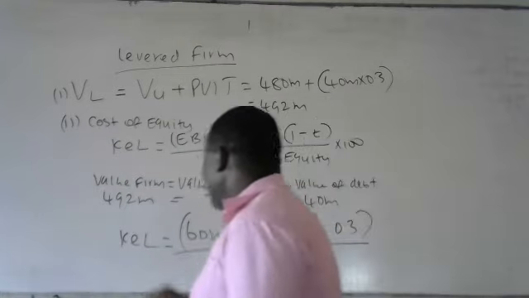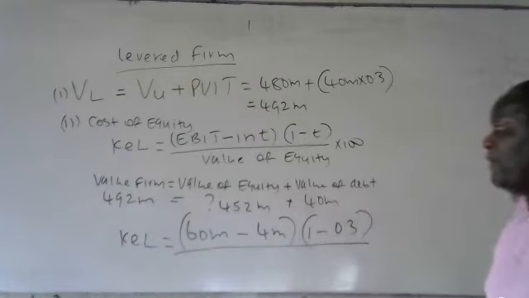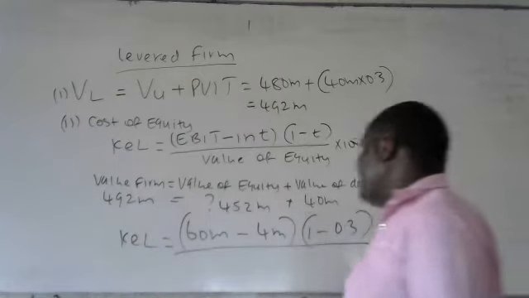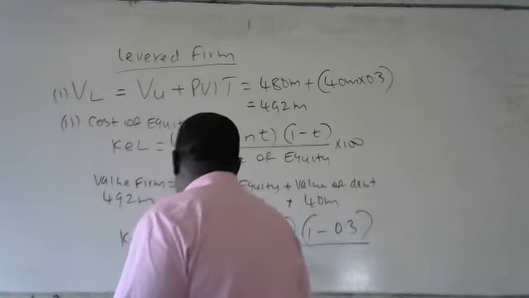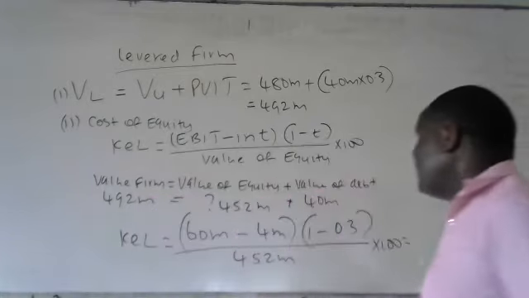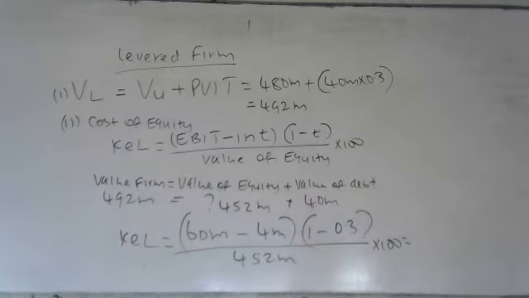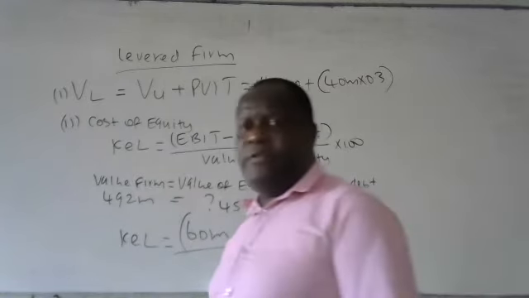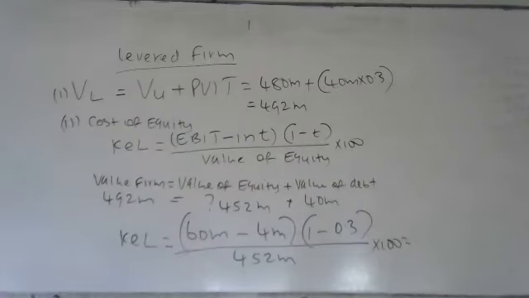We divide by the value for equity, which is now 452 million. Then express that as a percentage.